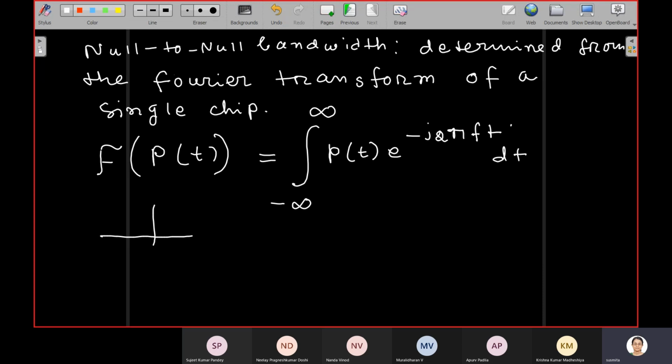Now we are considering a single chip, so we just need to do the integration from minus Tc by 2 to plus Tc by 2.